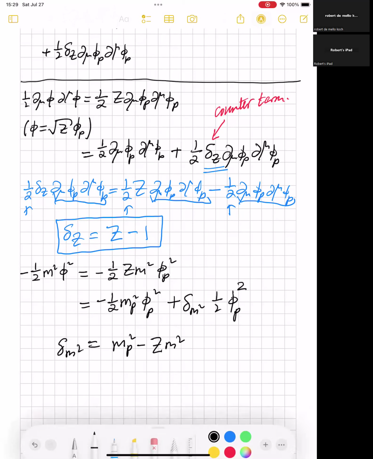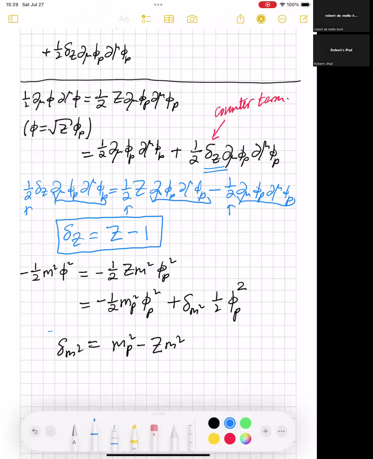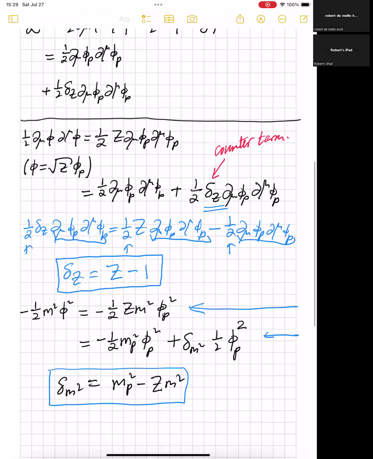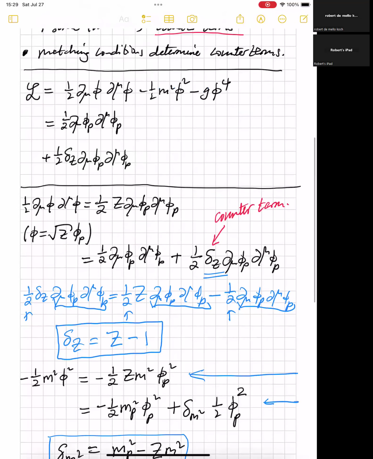And once again, I got this just by comparing this line to that line, okay? So that's how I got the mass counter term. So let's add in these two terms. So we'll have minus 1/2 the physical mass squared, the physical field squared, and then we've got the counter term.